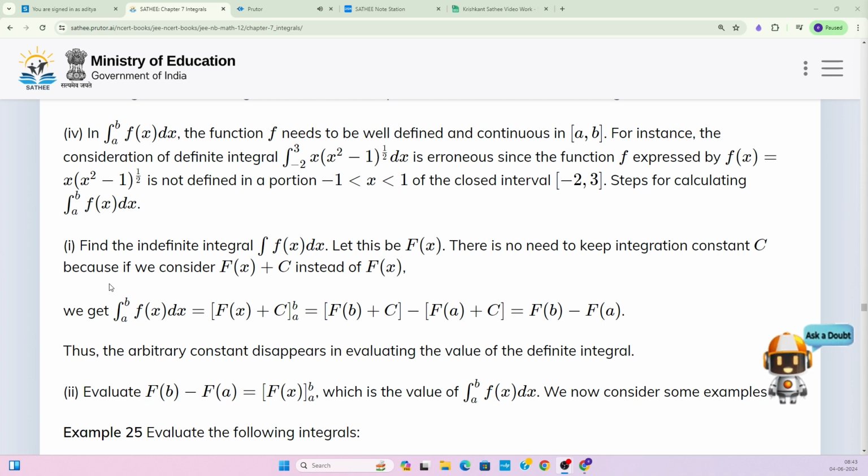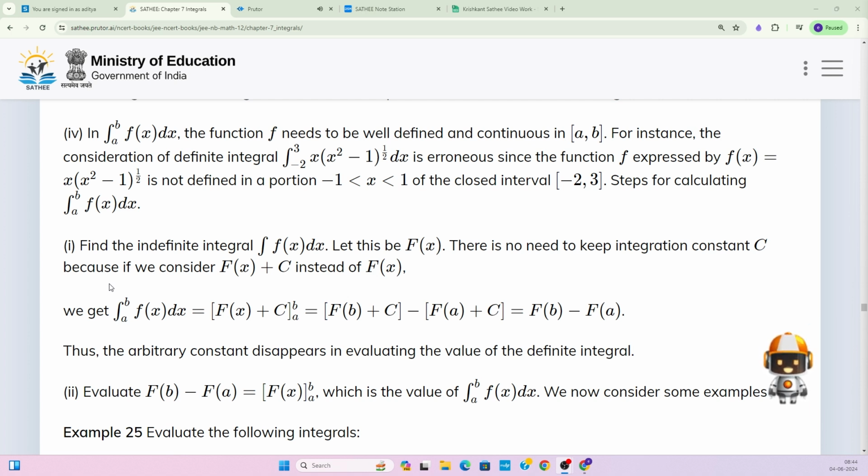Now there is no need to keep the integration constant c, because if we consider F(x) + c instead of F(x), we get the definite integral from a to b equals [F(x) + c] from a to b, such that F(b) + c - (F(a) + c), which means F(b) - F(a). You do not have to write this extra constant c. Clear? As this can be eliminated.